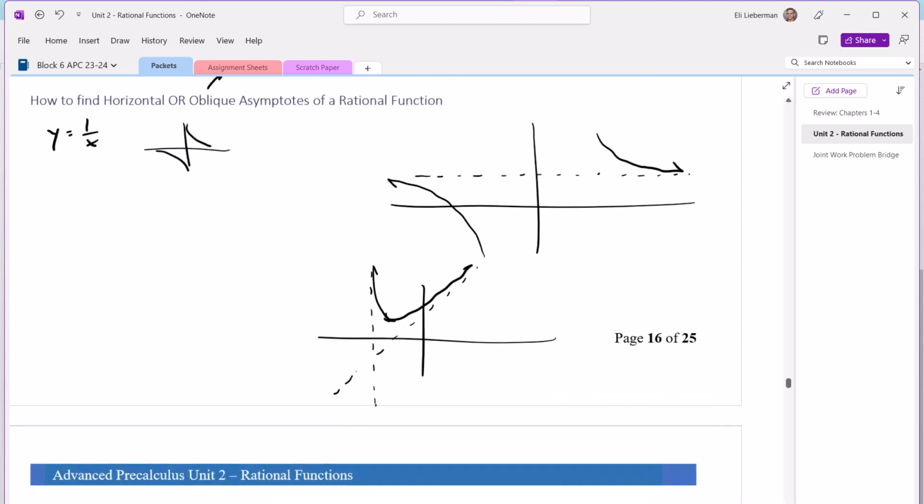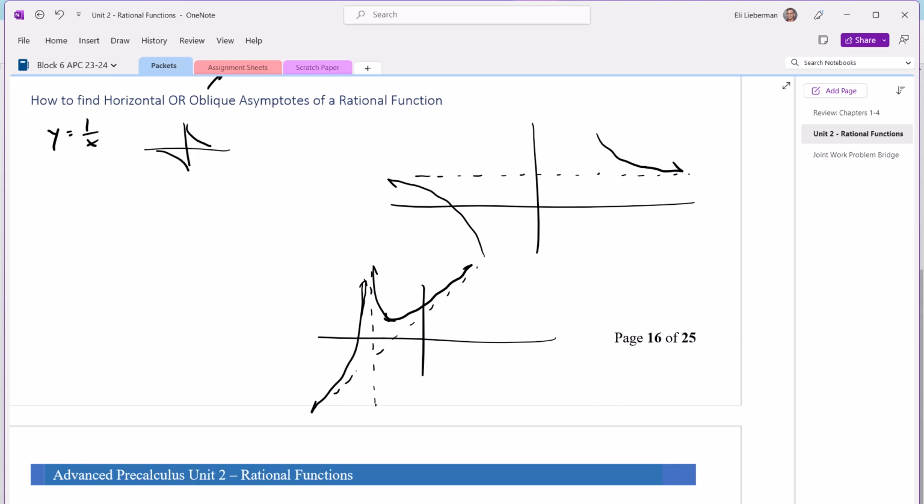Do you see where the rest of this function would go? Yeah, it depends. Like if my vertical asymptote is happening here, you see what's going to happen? It'll do this kind of thing, right? But it just eventually has to adhere to that oblique asymptote.